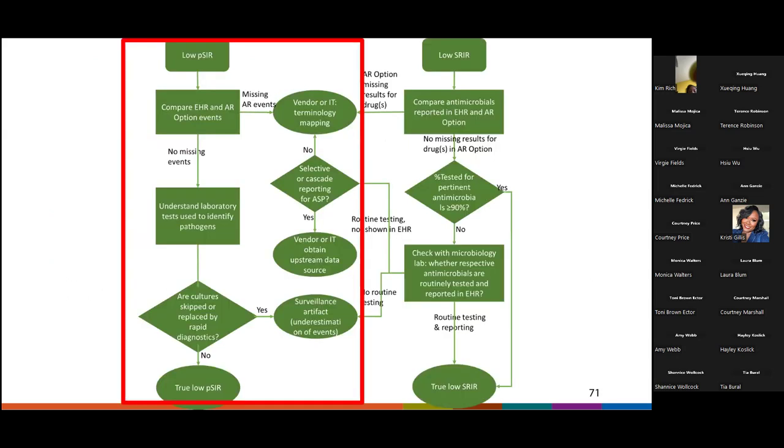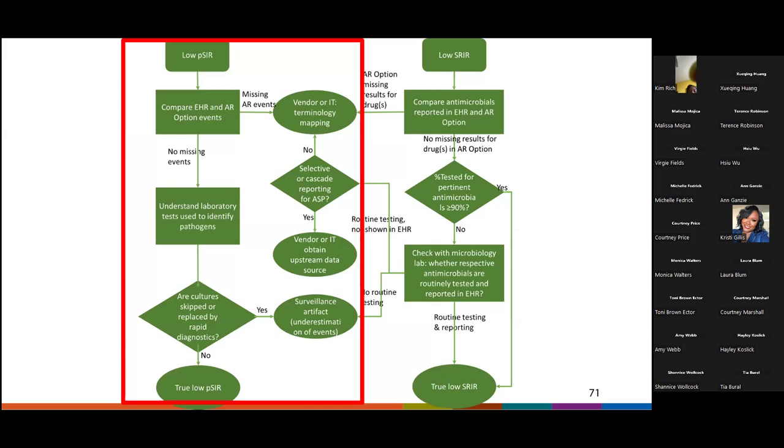In this flowchart, we provide detailed steps to differentiate low SRIR and pSIRs. In the situation of low pSIR, first compare EHR and AR option events. If missing AR events, check with your vendor and verify your pathogen terminology mapping.